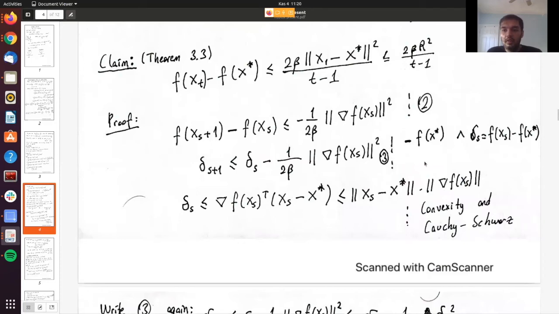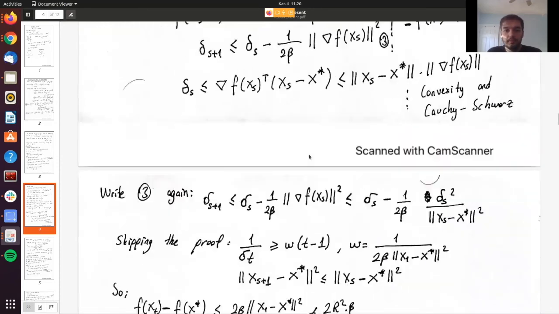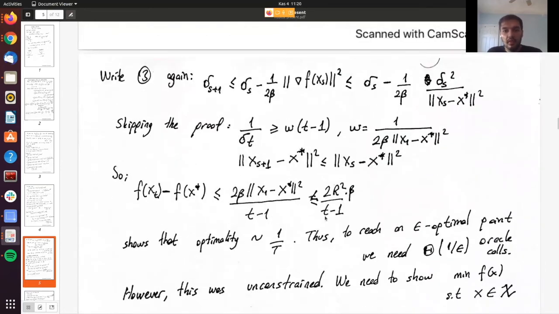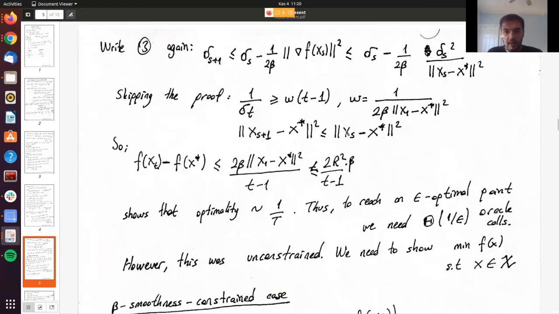After using convexity and Cauchy-Schwarz, we can prove this. Here I skipped some of the proofs because this is the unconstrained case, and in the constrained case we will do a very similar proof, and there I will show you. But as you can see, our suboptimality scales with 1 over t.